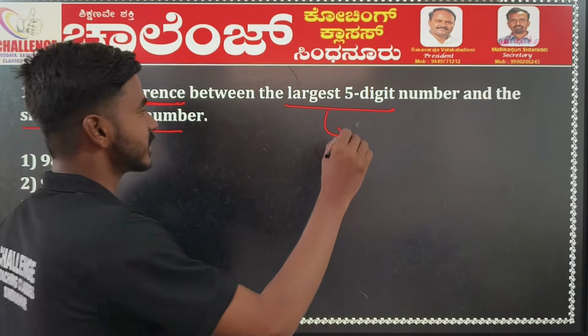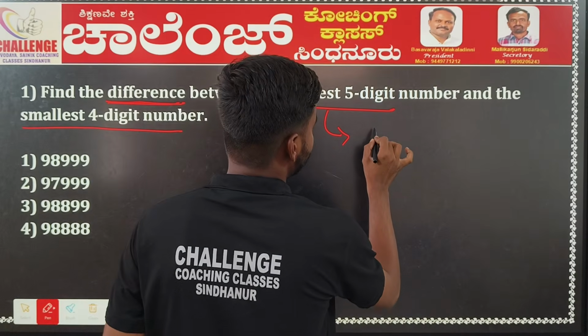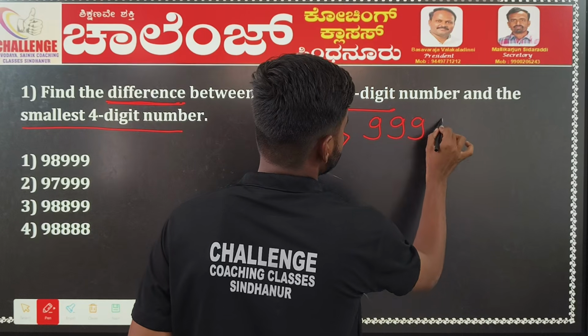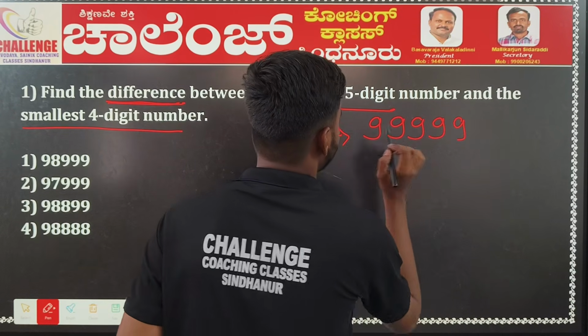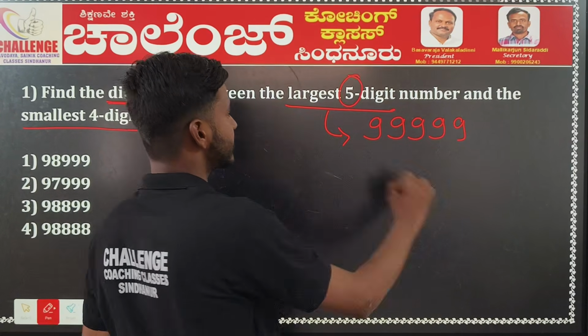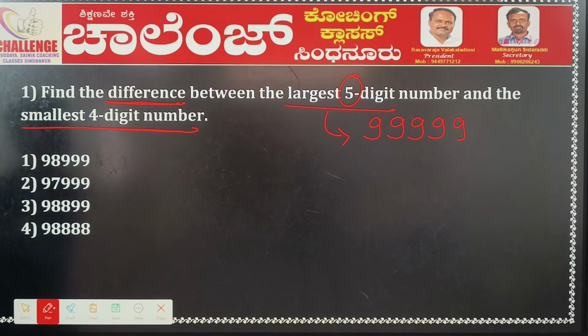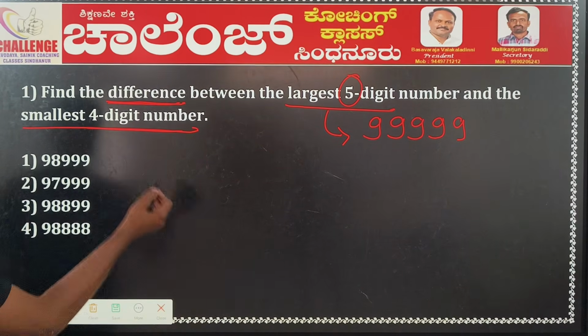To find the largest 5-digit number, we need to write 9, 9, 9, 9, 9 five times, because they are asking the largest 5-digit number and the smallest 4-digit number. How do we find the smallest 4-digit number?